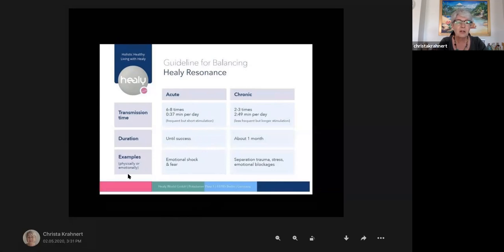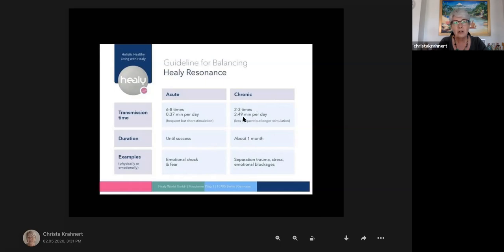And physically or emotionally, if someone is in an emotional shock or gets fear or is frightened about something just in that moment and you want to help this person. If it is chronic, if it's running already for a long time, then you increase the time to 2:49 and you only go 2 to 3 times a day.